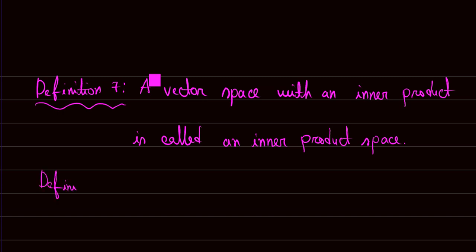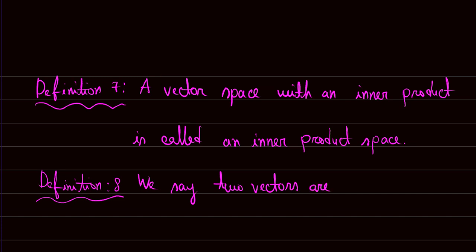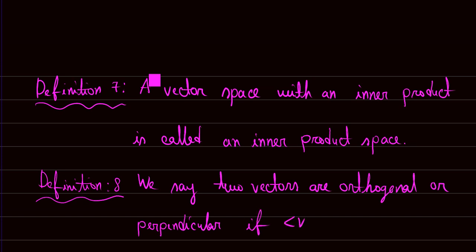Definition number 8. We say two vectors are orthogonal or perpendicular if their inner product is 0.